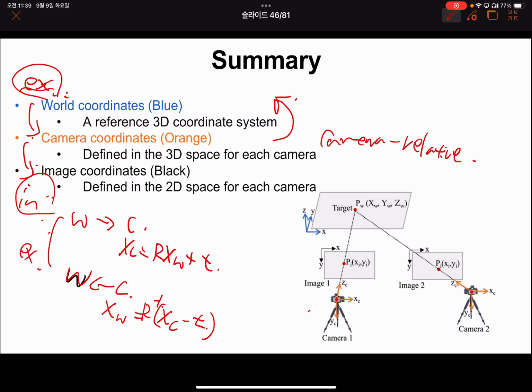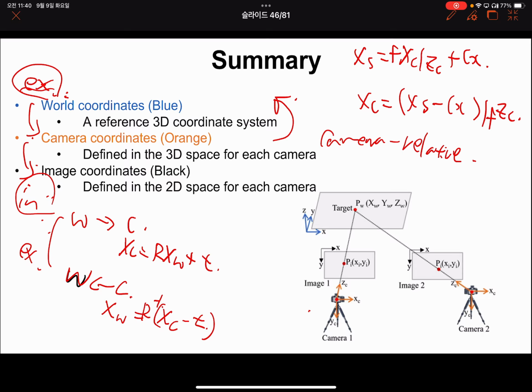How can we do that? We need depth. We need the depth of the point in the camera coordinate system. But when projecting, we already dropped this. So there's no way, in theory, to recover accurate X position in the camera coordinate system unless we know the exact depth.